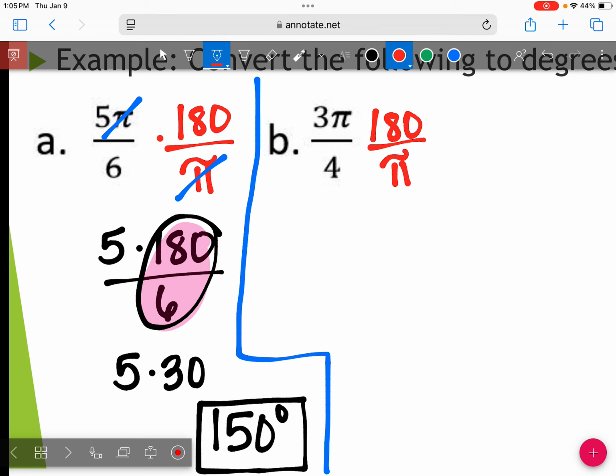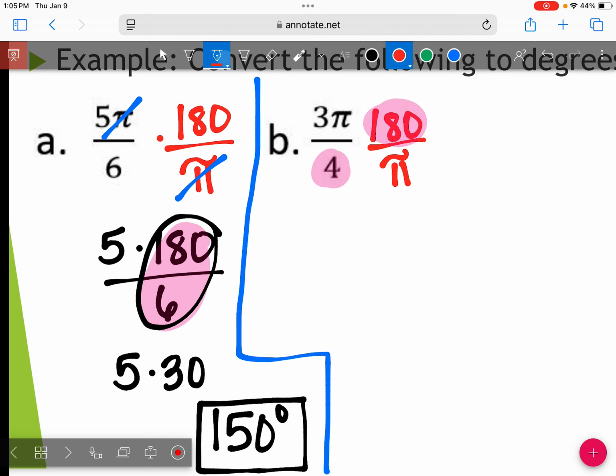My 5th period said that it's easier to multiply first. Now what I did, they said it wasn't easier. So what I did was I reduced 4 and 180 and changed this to a 2 and a 90, because I know that both of these numbers can be divided by 2 because they're both even.